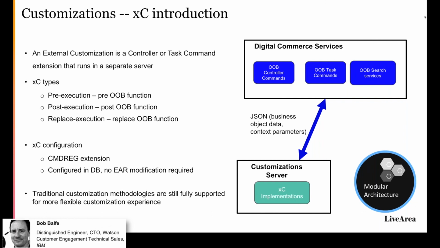So you still have that option to get to a containerized version of WebSphere Commerce and then slowly migrate your code over time to things like XC. So we have a very flexible way of moving to version 9 without being completely disruptive.